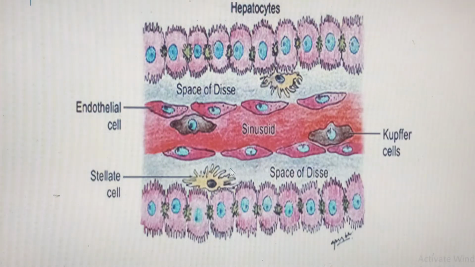One thing that you have to know is that there could be several insults, like taking in alcohol, xenobiotics, or some drugs that you may be taking. They may transform these star-shaped cells so that they become fibrotic, and that may lead to what we call cirrhosis of the liver.